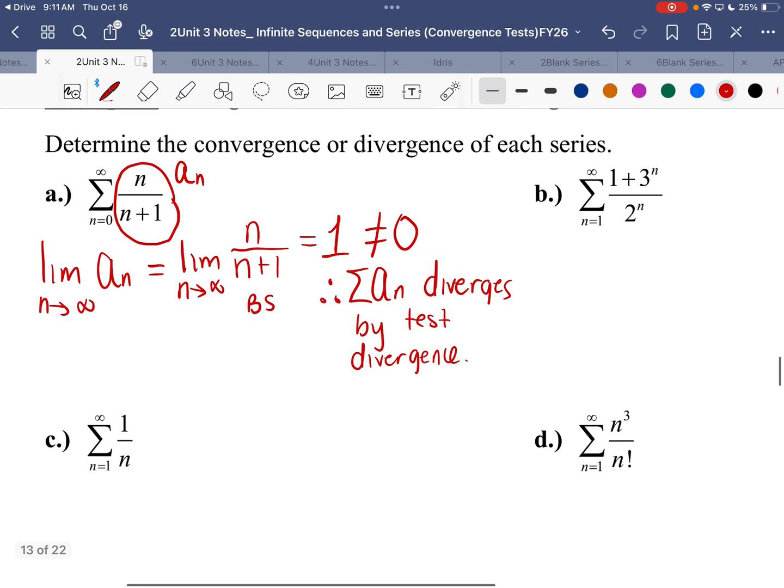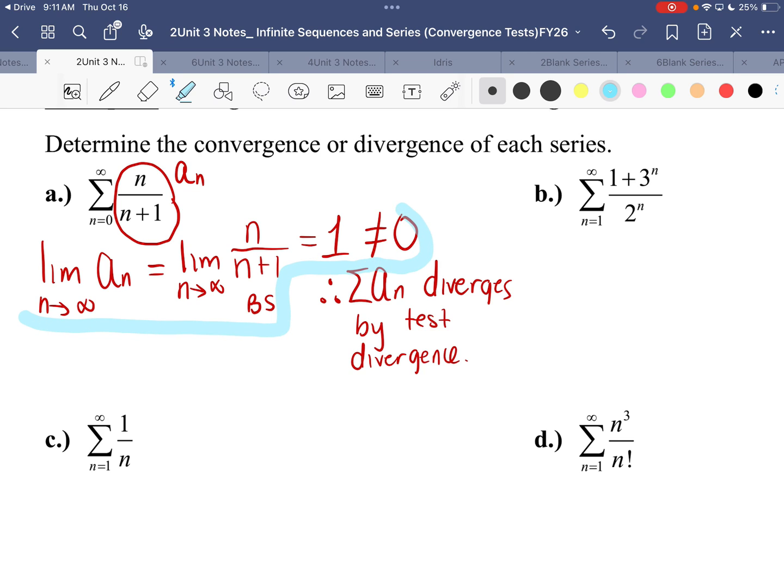Here's our first little taste of the 3 steps to prove convergence or divergence. Step 1, show your work. Step 2, make a statement.